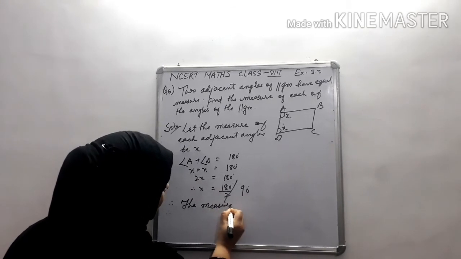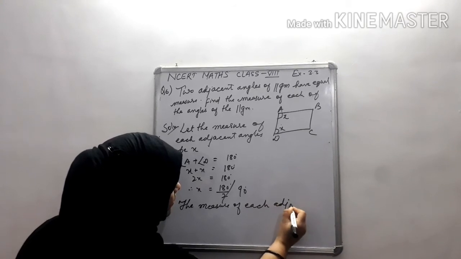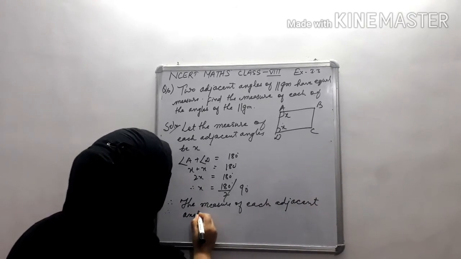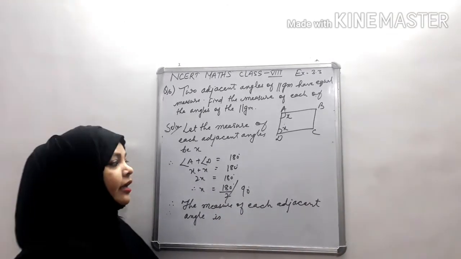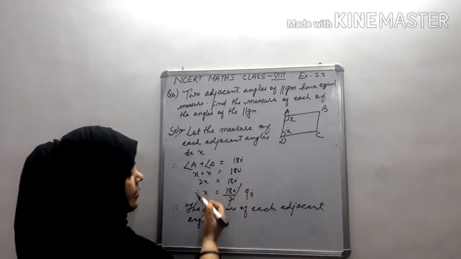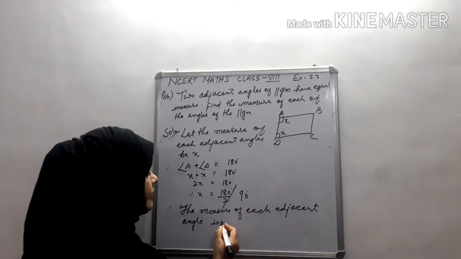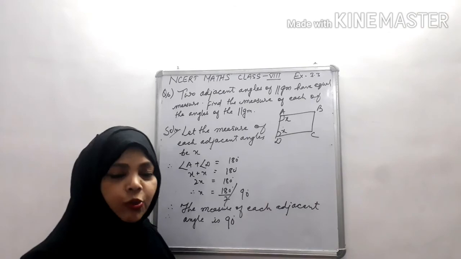Therefore, the measure of each adjacent angle will be what? Each adjacent angle की measure कितनी होगी? That is 90 degree. हमने इसे x suppose किया था, x की value कितनी है? 90 degree. So therefore the measure of each adjacent angle is 90 degree. This is the answer of the required question, that is question number 6.